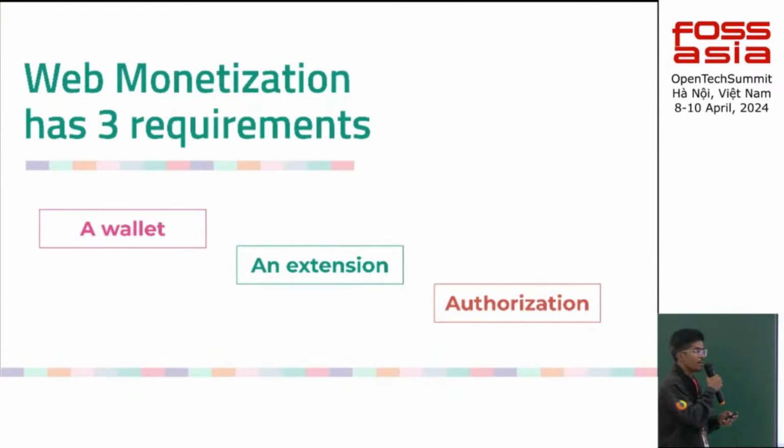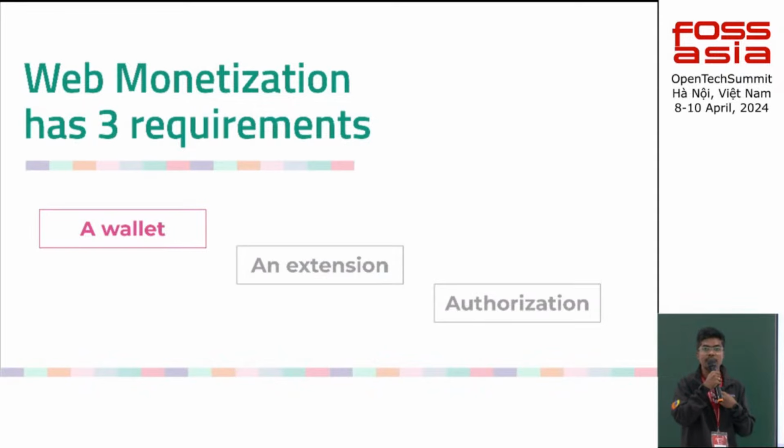And the web monetization standard has three requirements: the wallet, extension, and authorization. So the first thing is the wallet. Wallet is like your bank account, and it has an account number called the wallet address. You as a content creator should have a wallet address, you as a website developer should have a wallet address, and I as a user should have a wallet address.